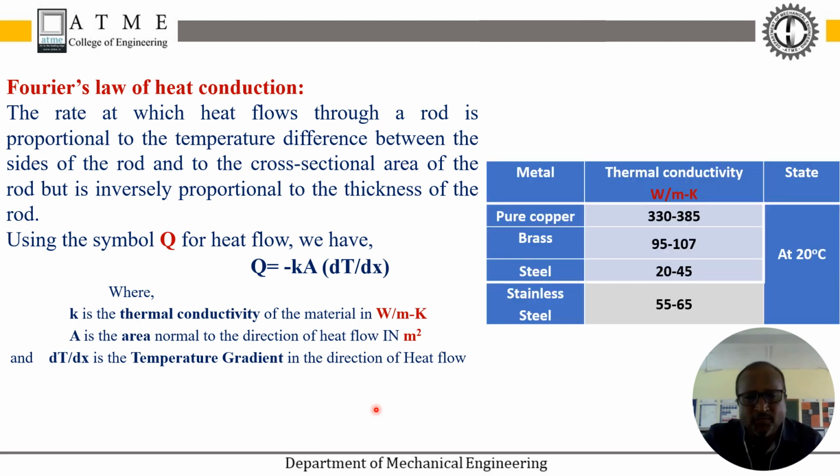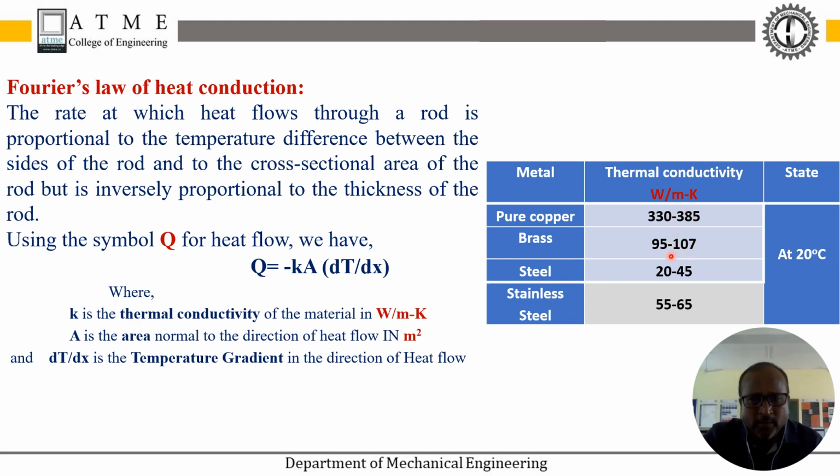Here are some values of thermoconductivity of metals. Pure copper has a value of 330 to 385 watts per meter Kelvin, brass 95 to 107, steel 20 to 45, stainless steel 55 to 65. Like that, for non-metals also you can find out, like wood, concrete, everything. The thermal conductivity of any solid material can be found out, but here I have taken a few most commonly used metals.